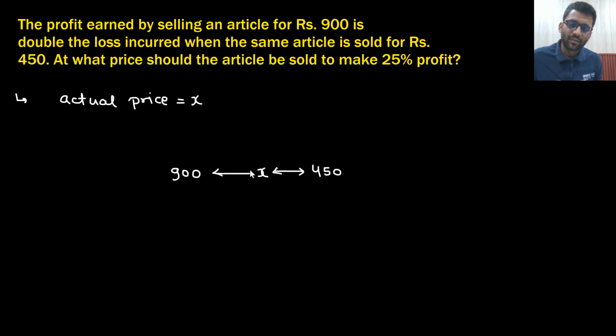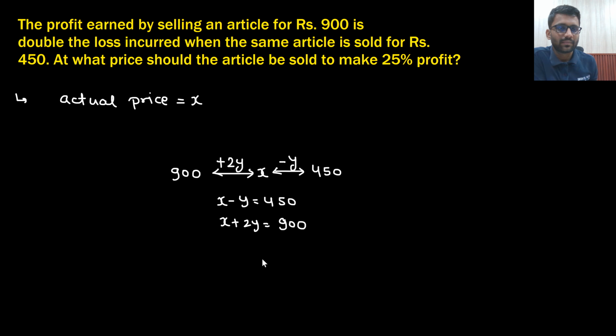Here they are saying the profit earned by selling it at 900 rupees is double the loss incurred when it was sold at 450 rupees. If we lose y rupees, we will get 450, and if we gain 2y rupees, we will get 900. So this is the equation: x minus y is equal to 450 and x plus 2y is 900.